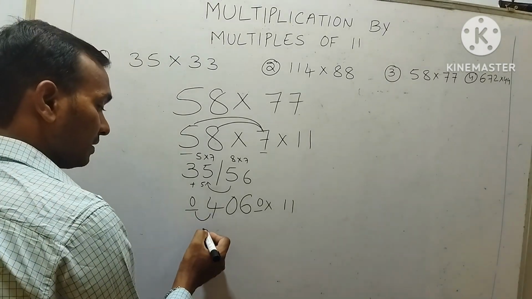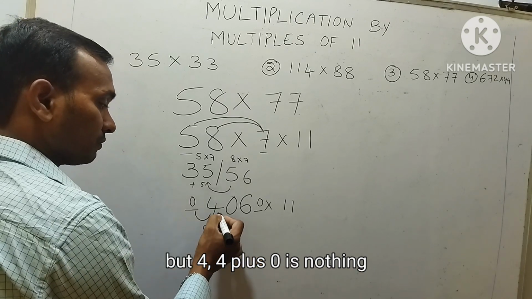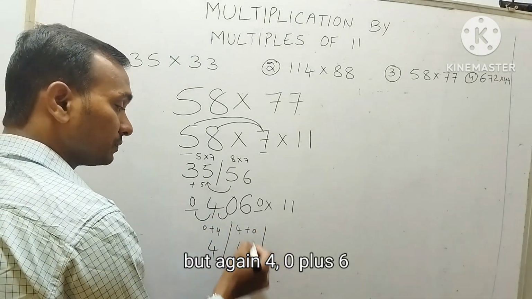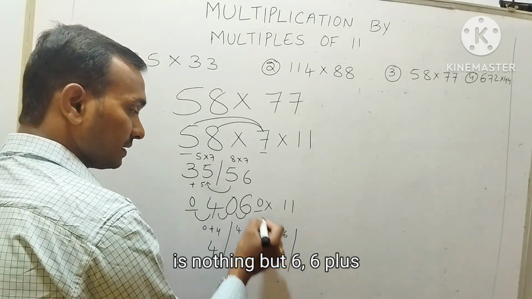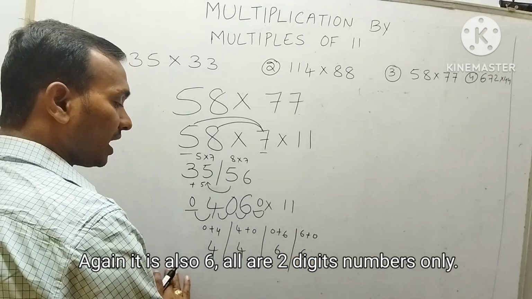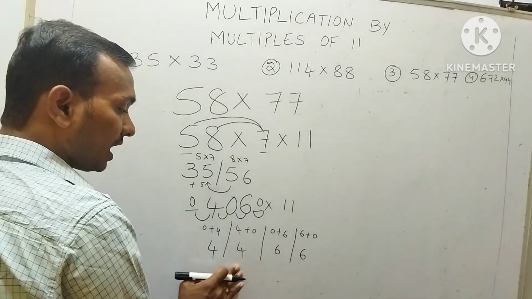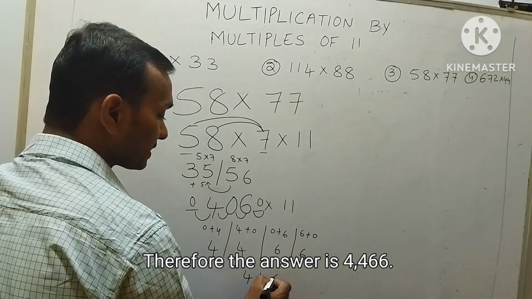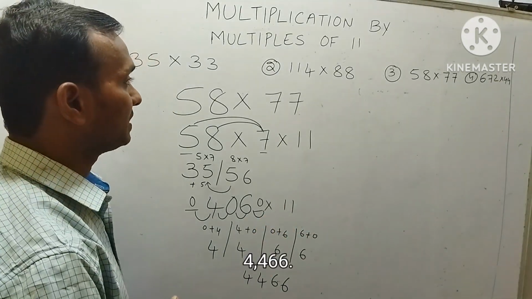See here, first 0 plus 4 is nothing but 4. 4 plus 0 is nothing but again 4. 0 plus 6 is nothing but 6. 6 plus 0, again it is also 6. All are 1 digit numbers only. Therefore the answer is 4,466.